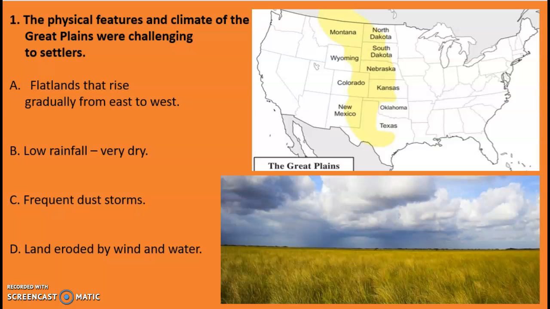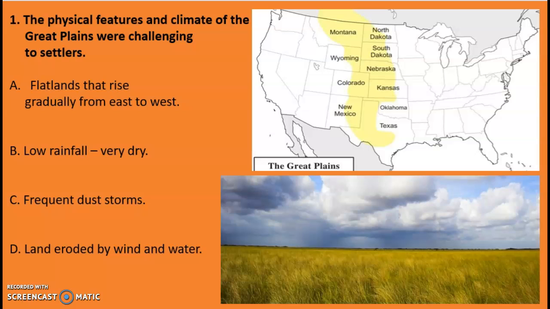And the physical features and climate were challenging to settlers because, for one thing, the land is very, very flat. Now, that's not necessarily a difficult thing, but usually if you do have rain, you'll have some crops designed to be in lower lands, so they're going to get more water, some crops in higher lands to get less water. However, everything here is just one-dimensional, very flat.